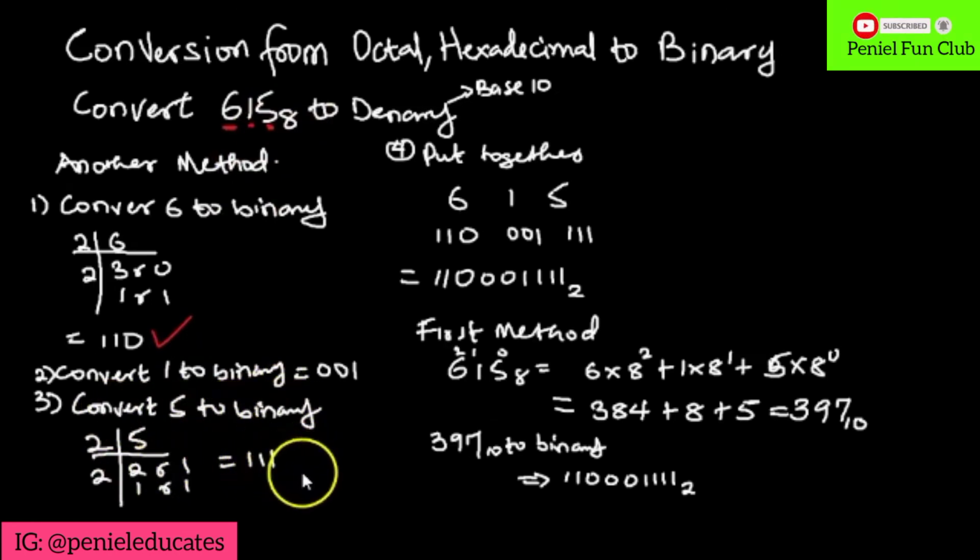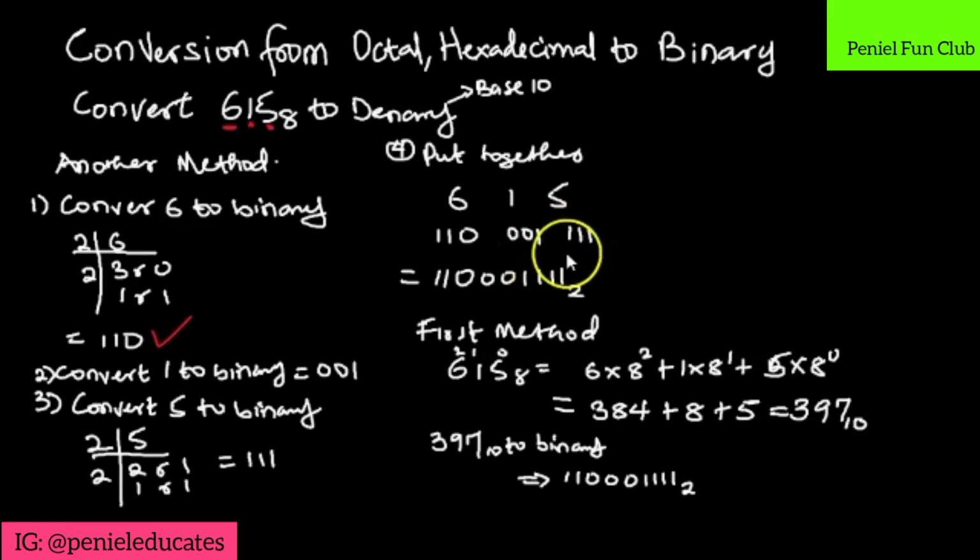So if I look at my answer, I'll just put everything together. This is 110. This one is 001 because it's just 1. Yeah, so you can put it because you're actually grouping in 3s. Why are we grouping in 3s? Because it is octal. Okay, so if you're octal, which is 2 raised to power 3, you group with 3.